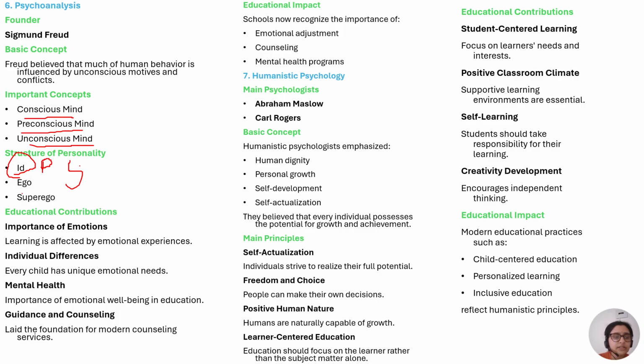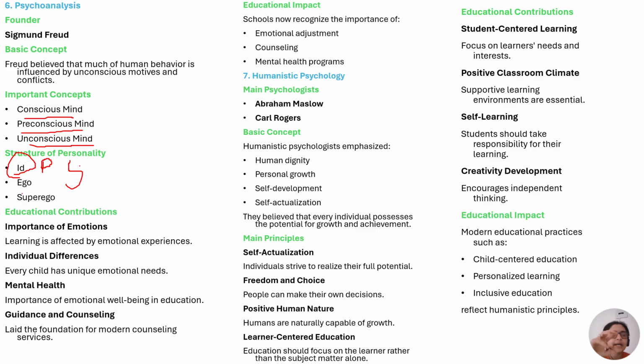Then the next one is the superego. The superego is the moral conscience. What is moral conscience? The process of internalizing societal rules. You are adjusting to the norms set by society. That is defined as the superego.